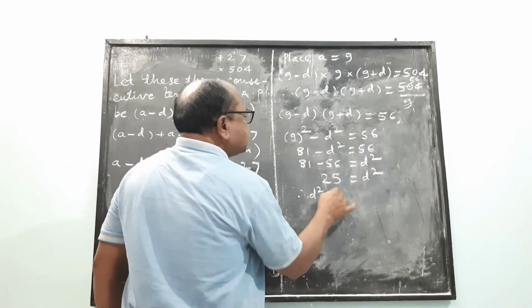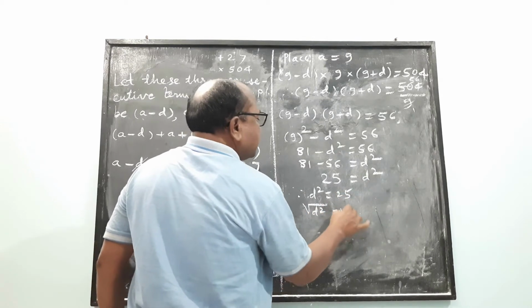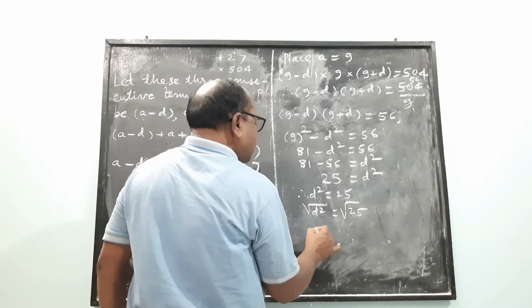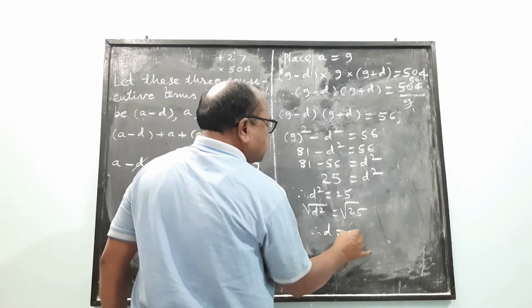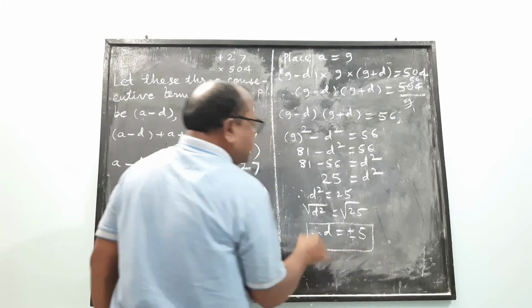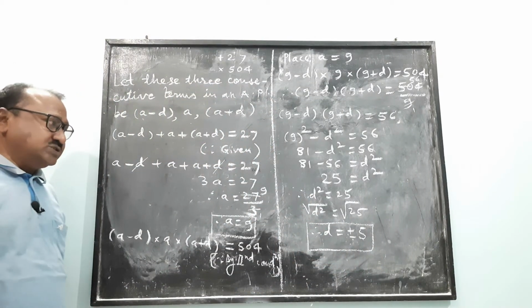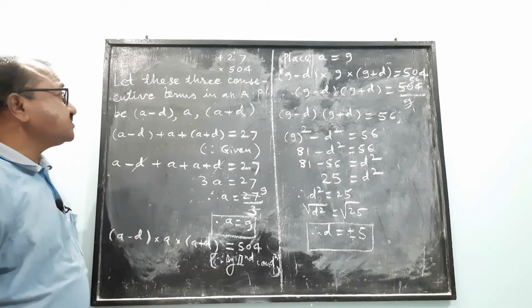Therefore, D square equal to 25, root of D square equal to root of 25. Therefore, D is equal to plus or minus 5. So, this is the value of D. D can be positive 5 or negative 5.